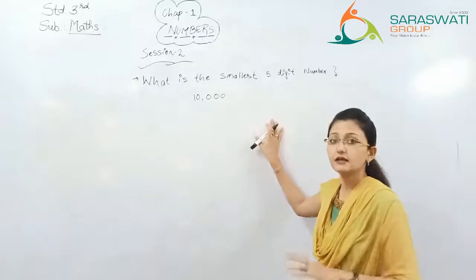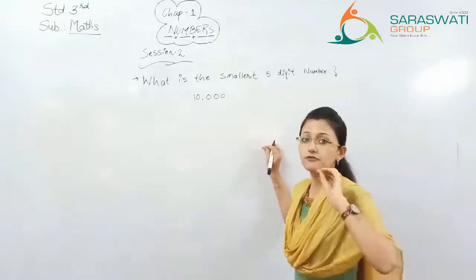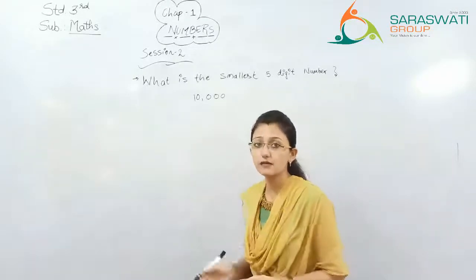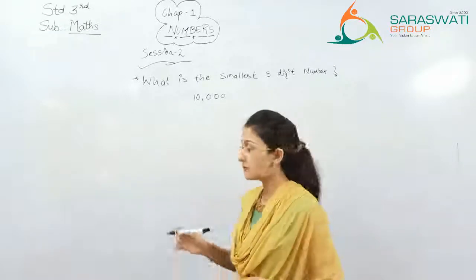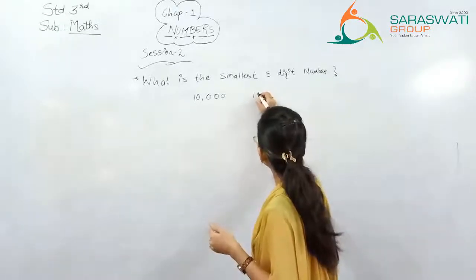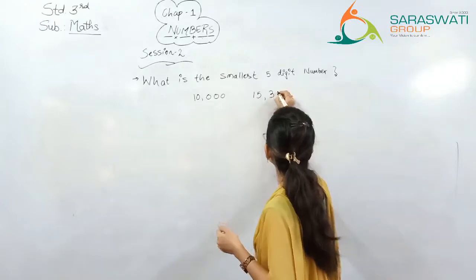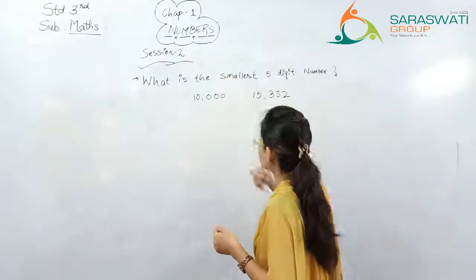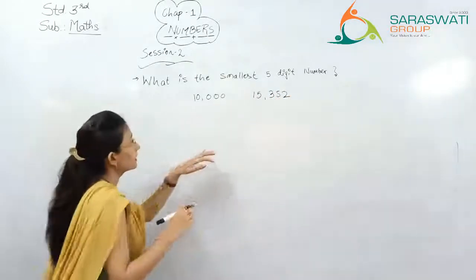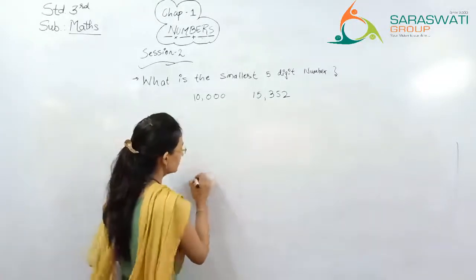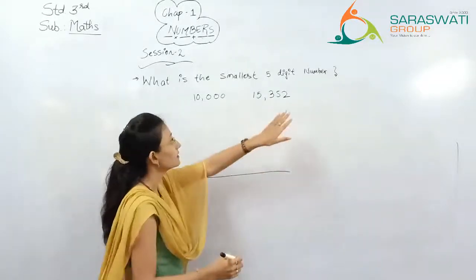Now I am taking one 5-digit number, 15352, in which we will learn how to put it in the abacus. First of all, let us draw something.